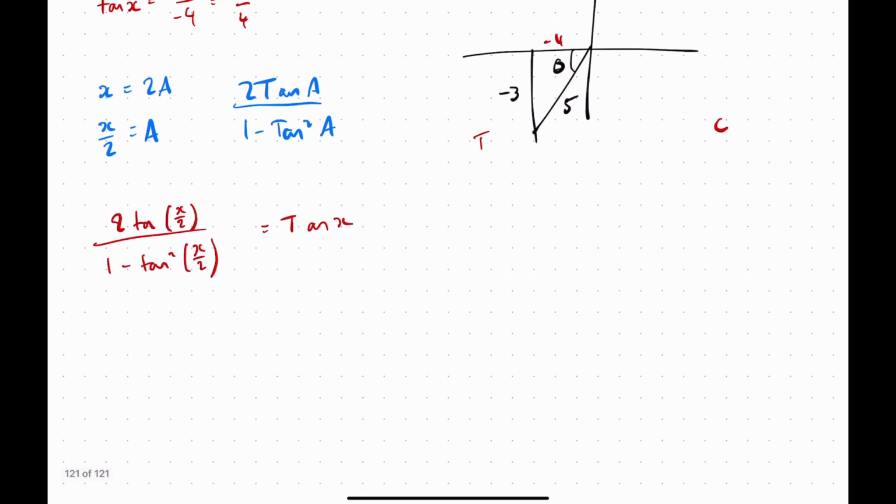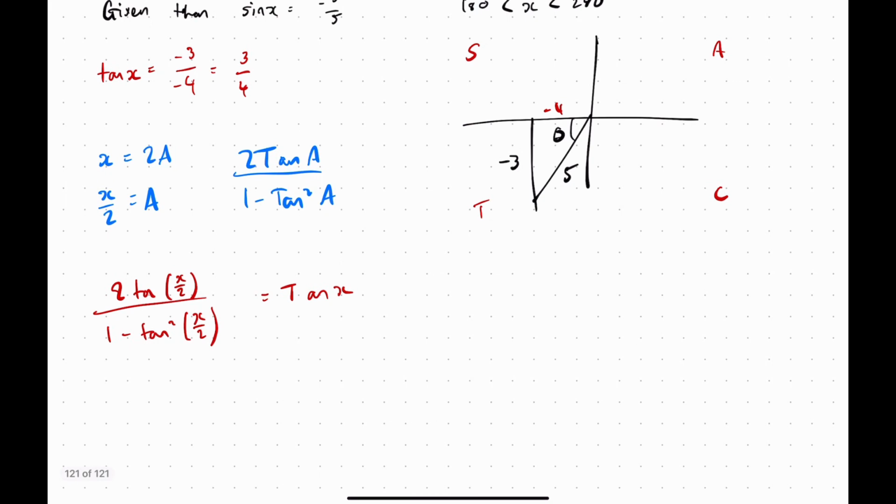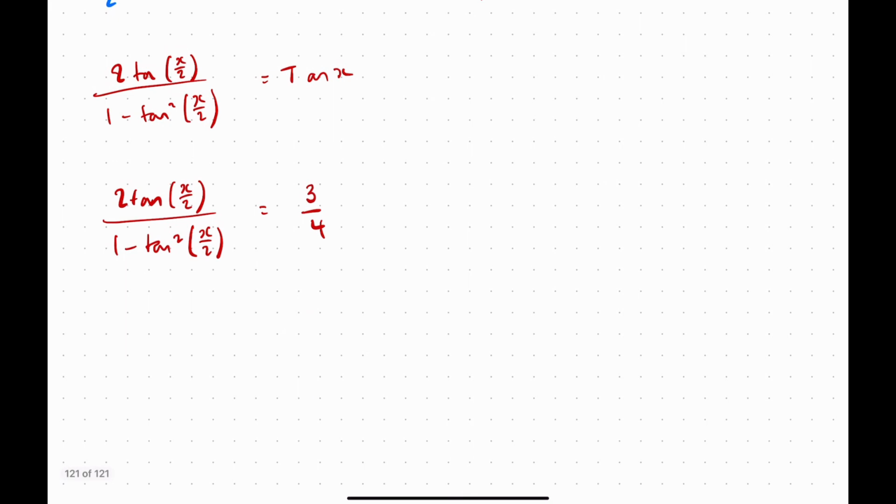Okay, so once you've got to this stage, you know what tan x is. So you'd say 2 tan x over 2, over 1 minus tan squared x over 2, is equal to 3 over 4, because tan x is 3 over 4. Okay, and then it becomes a quadratic, so you get 2 tan x over 2 is equal to, 8 tan x over 2.